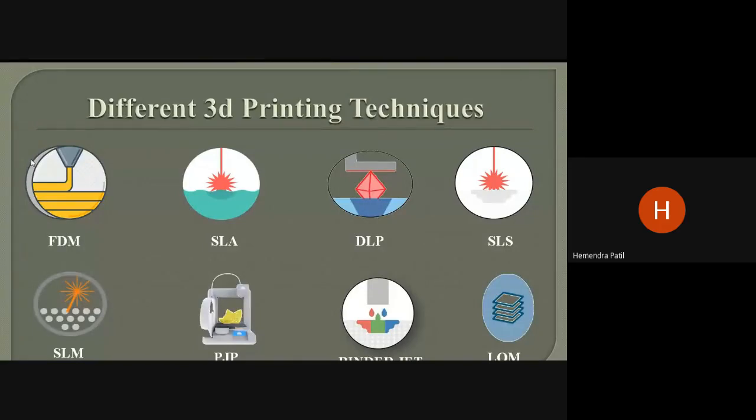The SLA 3D printer directs UV lasers to galvanometers, which direct them to the correct XY coordinates, and then it traces out the cross section of the model, and the final model is created. In SLA, the material used is liquid resin, and DLP, a process similar to stereolithography, also uses photopolymers as raw material.